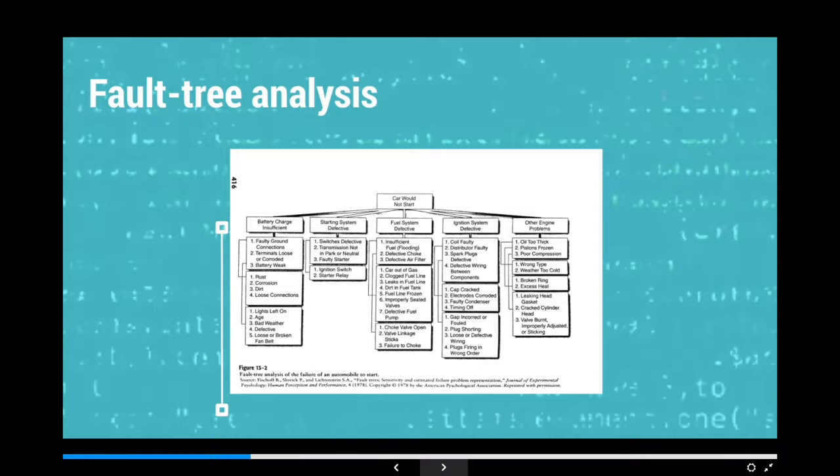An insufficient battery charge is the most likely cause of a car not starting, so the mechanic would begin there and proceed to check whether there was a faulty ground connection, the battery terminals were loose or corroded, or the battery charge was weak, etc.